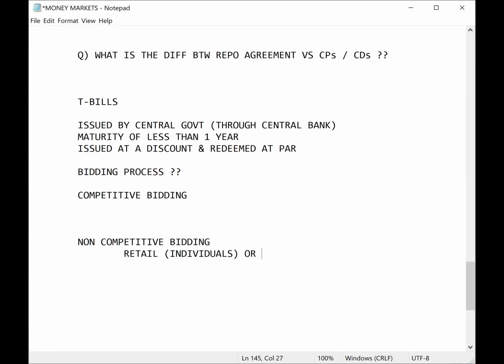Or small investors can do non-competitive bidding. For example, in India, you have a platform of Go to Library. Check it out, where you can use this application to apply for treasury bills. So what happens here is, guys, small investors would be placing their bids, and they would definitely get the information.